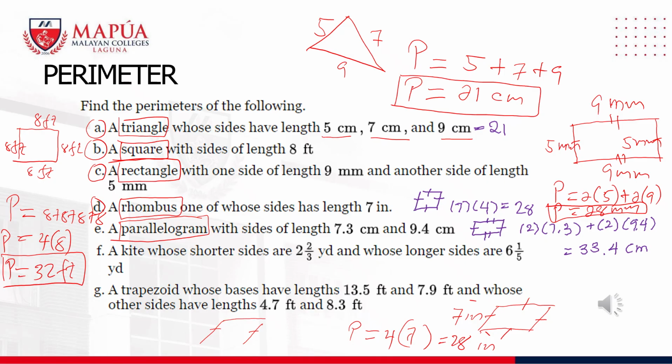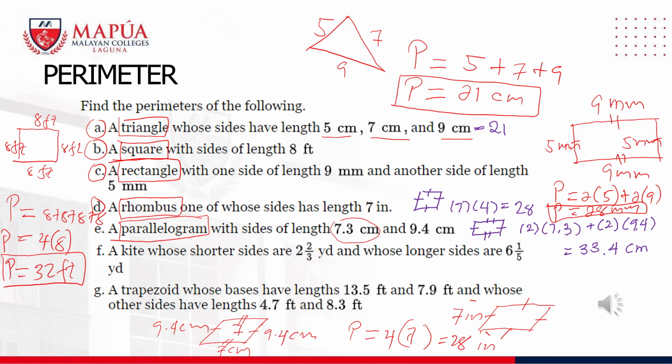And we have another side, this one, which is equal in measurement. In this case, we're given a length of 7 centimeters. So if this is 7, this is also 7. And if this length is 9.4 centimeter, this length is also 9.4 centimeter.